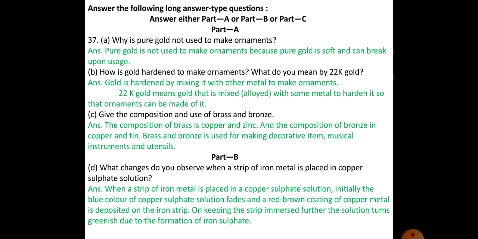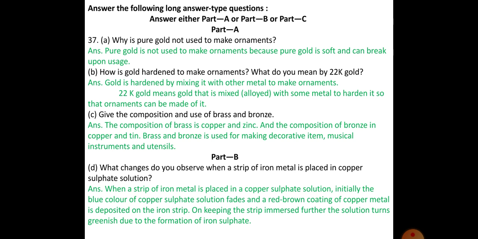Gold is hardened by mixing it with other metals to make ornaments. 20 karat gold means gold that is alloyed with some metals to harden it so that ornaments can be made of it.